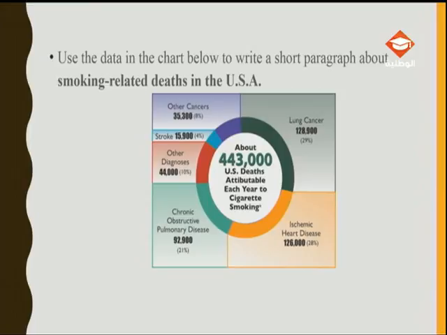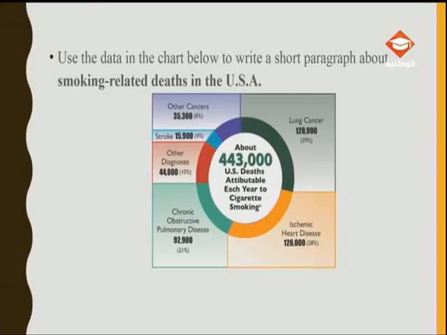We have in the middle about 443,000 deaths in the United States. We are not talking about any country or the world. We have to be clear, it's about the United States. So every year about 443,000 people die due to cigarette smoking.